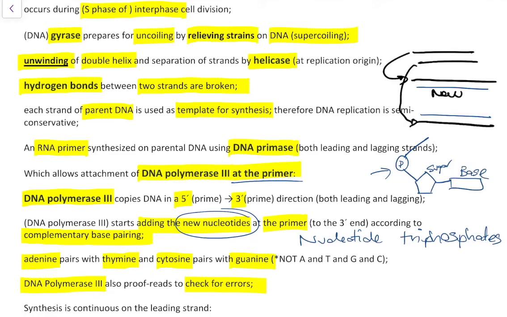But what's used to add in is a nucleotide triphosphate, which has another 2 phosphates on here. The reason is that as they're added in, by the hydrolysis of this and the new bonds it forms with water, the removal of these 2 phosphate groups provides the energy for DNA replication.